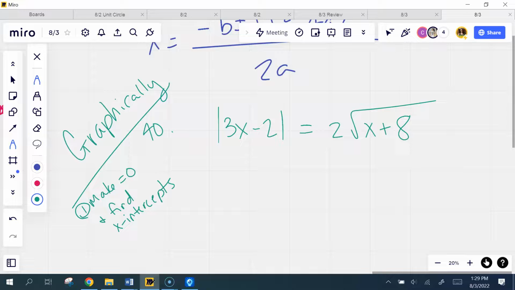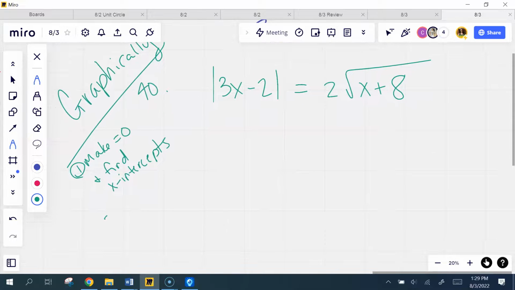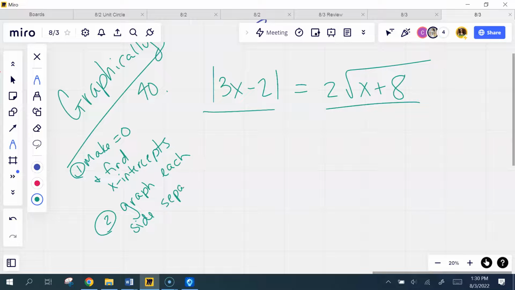There's a second way I could solve it when it looks like this. Do y'all know what that is? I could also graph each side of the equation separately and find where they intersect, and that would give me the solution also. So whichever you prefer, graph each side separately.